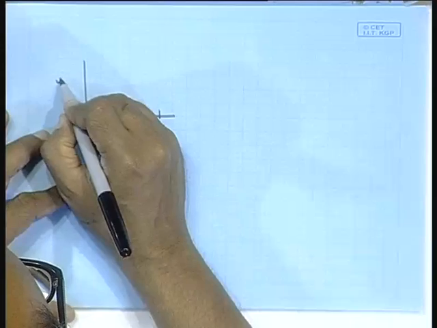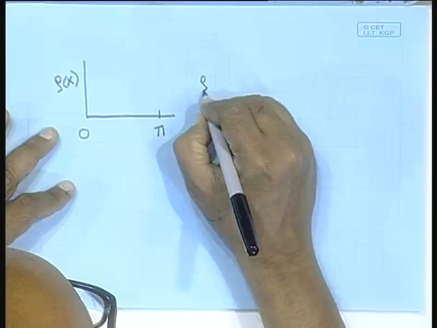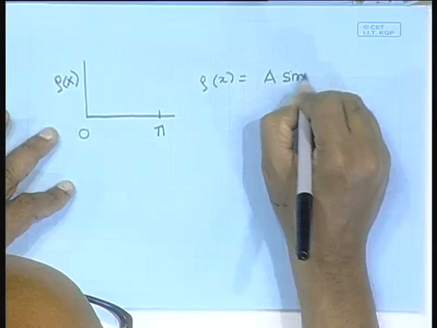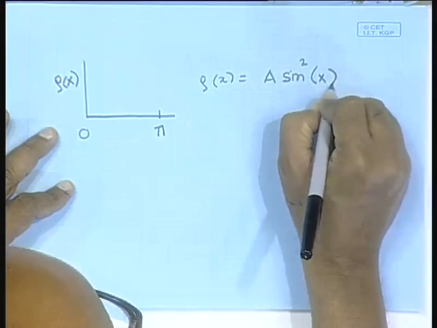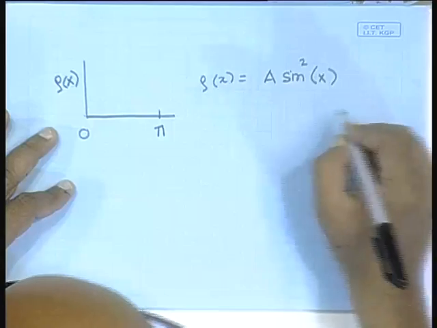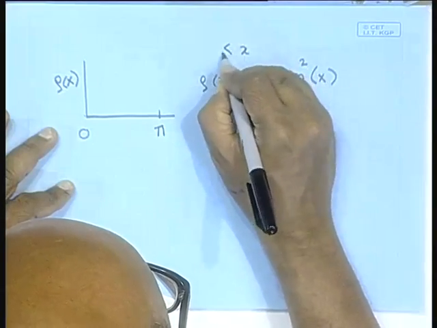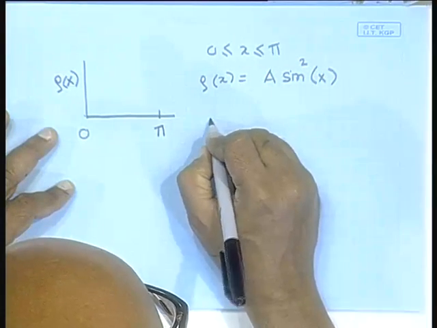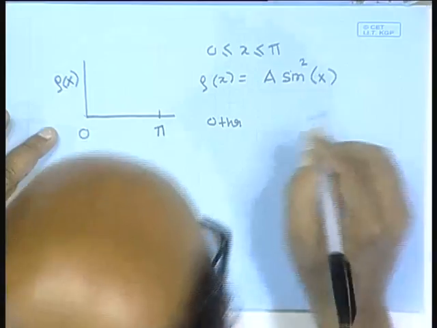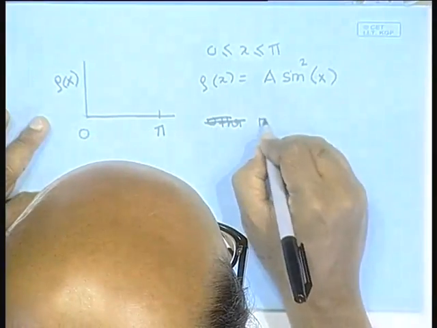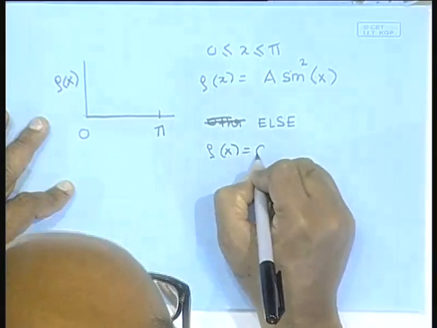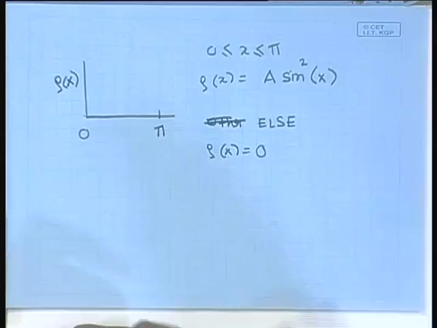The quantity I am plotting is the probability density, and the probability density rho x is a sine square x for x in this range 0 to pi, and it is 0 otherwise. So, in this range it is a sine square x.